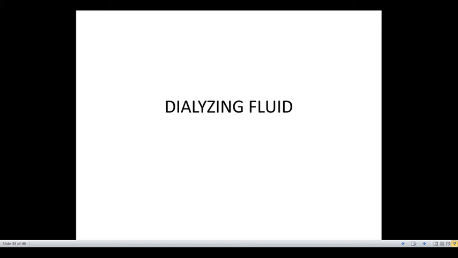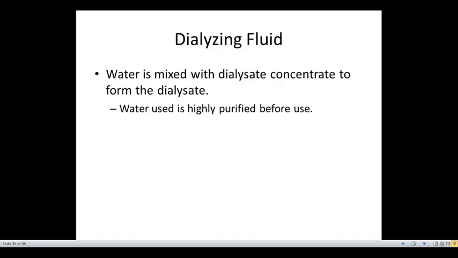Now let's study about the dialyzing fluid. Water is mixed with dialysate concentrate to form the dialysate, and the water used is highly purified before use.